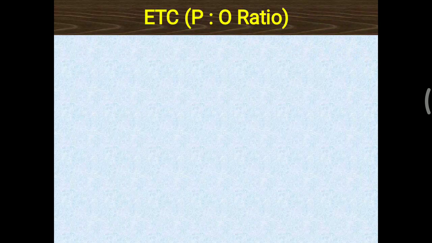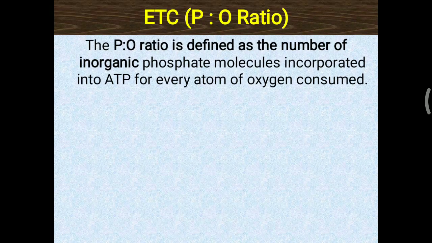Apart from that energetics, you have to remember the PO ratio. P means phosphate, O means oxygen. The PO ratio is defined as the number of inorganic phosphate molecules incorporated into ATP for every atom of oxygen consumed.